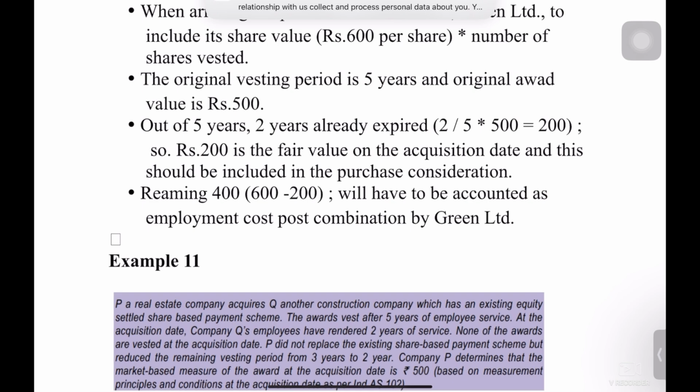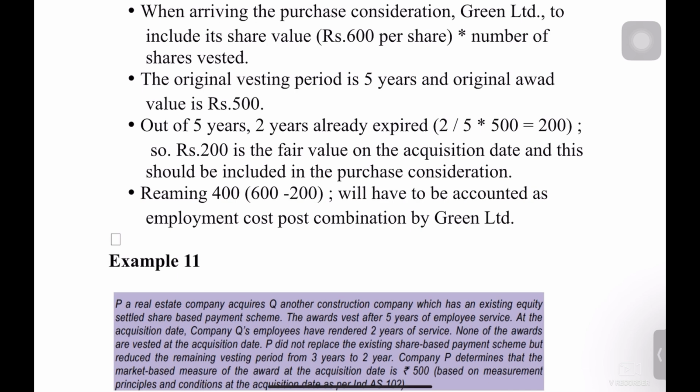This 200 rupees is the fair value as on the date of acquisition, and this should be included in the purchase consideration. The remaining 400, that is, 600 is the total fair value as estimated by the acquirer. Out of 600, 200 is already accounted as part of business purchase consideration. The remaining 400 should be accounted as the employment cost post combination by Green Limited.